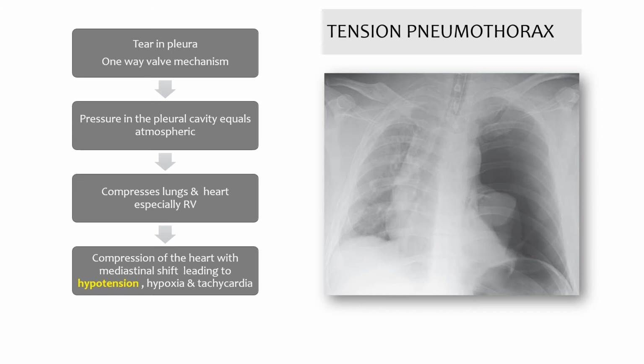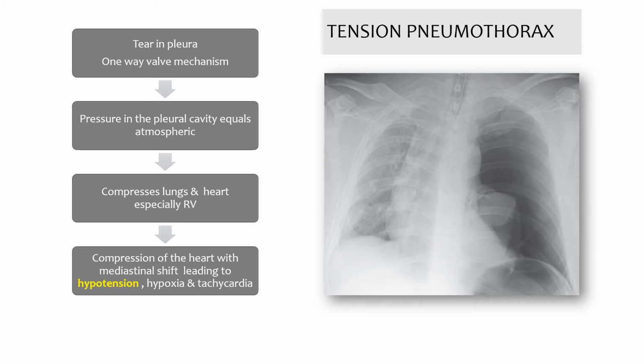the tension or the pressure keeps rising in the pleural cavity and the lung keeps collapsing, and depending on how much pressure has been generated, and that depends on how much air has been accumulated and how rapidly, the lung collapses completely and the mediastinum can be shifted, the trachea can be shifted, and the heart gets compressed.